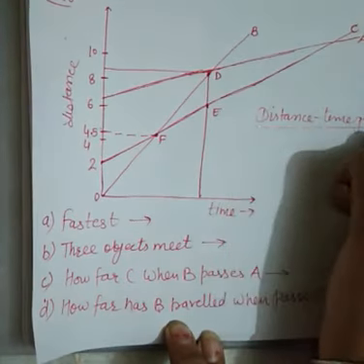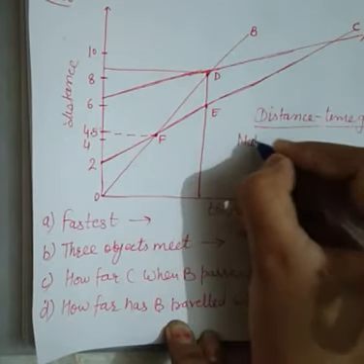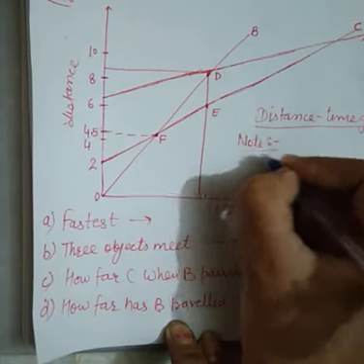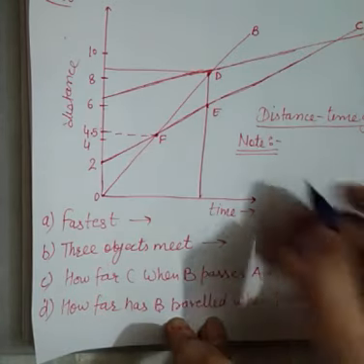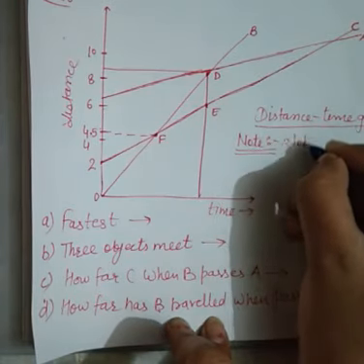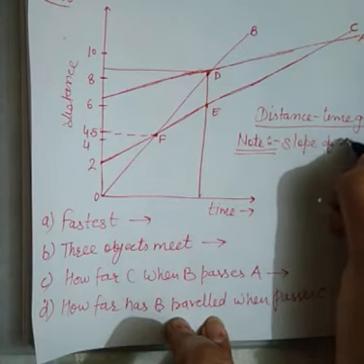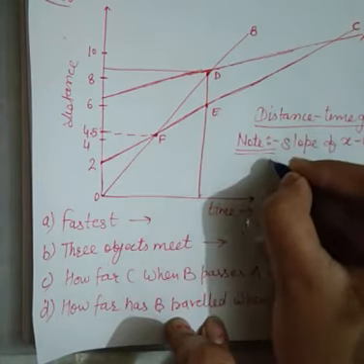As usual, there is a note we have to learn regarding any graph related question. What is given to us indirectly using the graph? Slope of the distance time graph, that is, slope of the xt graph.